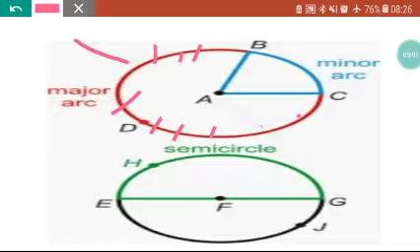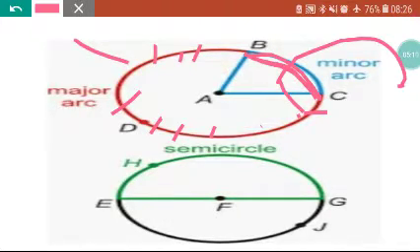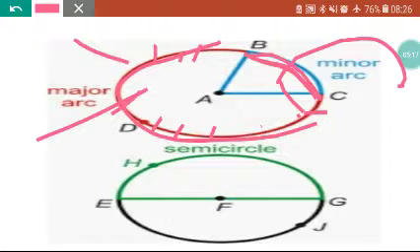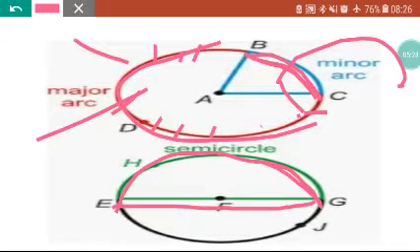And this blue part is also on the circumference of the circle, so this is the minor arc, and the rest is the major arc. And we have one semicircular arc also. When the two ends of a diameter are joined, that portion on the circumference is called a semicircular arc. So we have understood the major arc, minor arc, and semicircular arc.